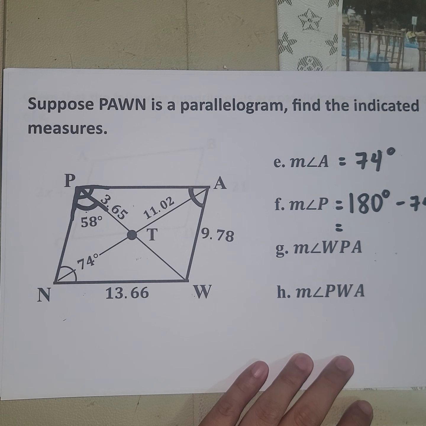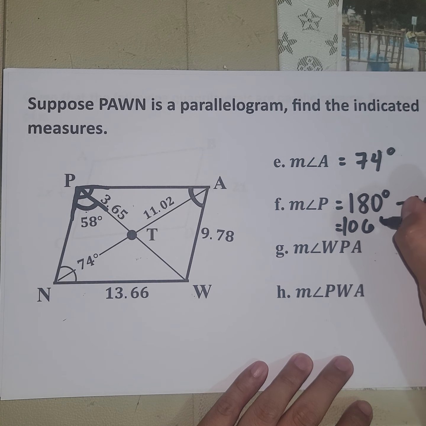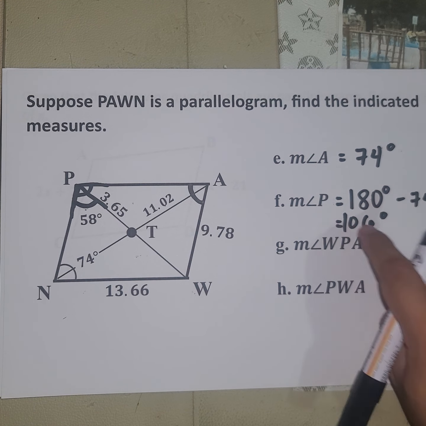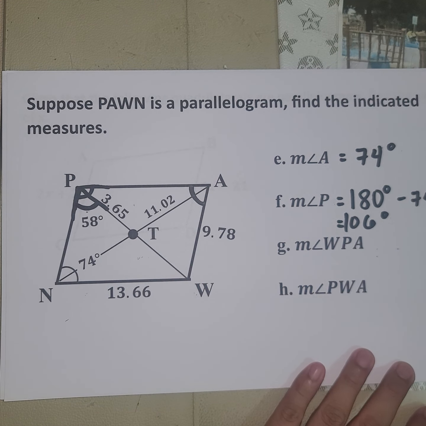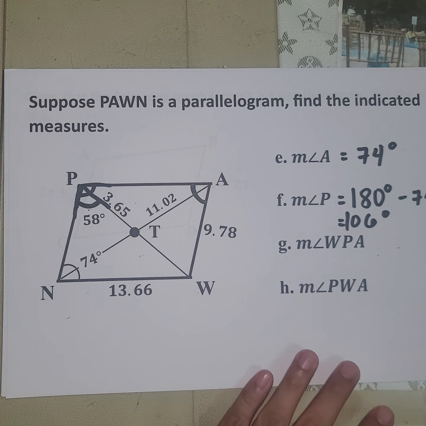So, the answer is 106 degrees. Okay? So, that is the measure of angle P. Correct? So, the measure of angle P, this whole angle, is 106 degrees.